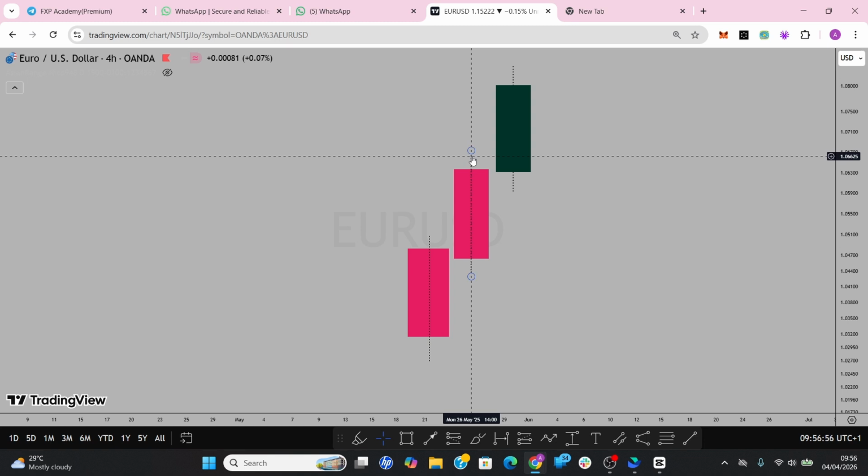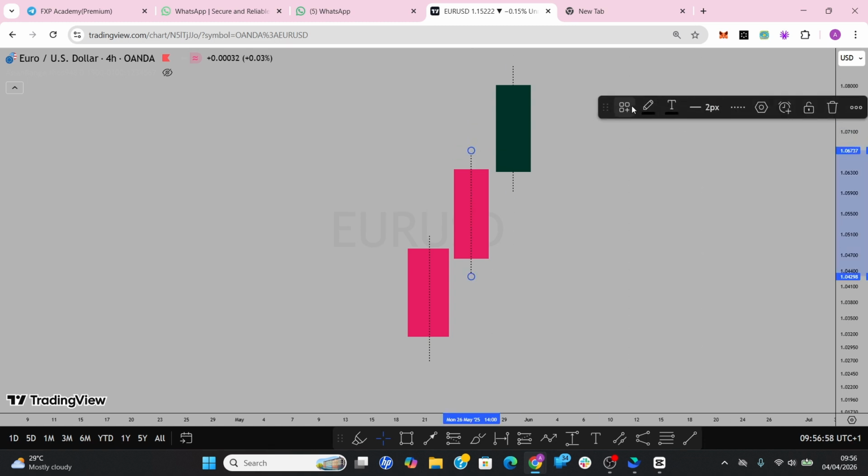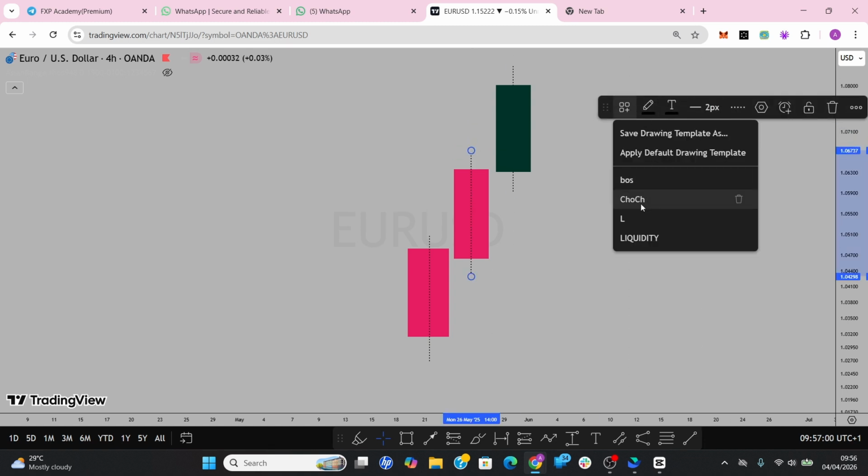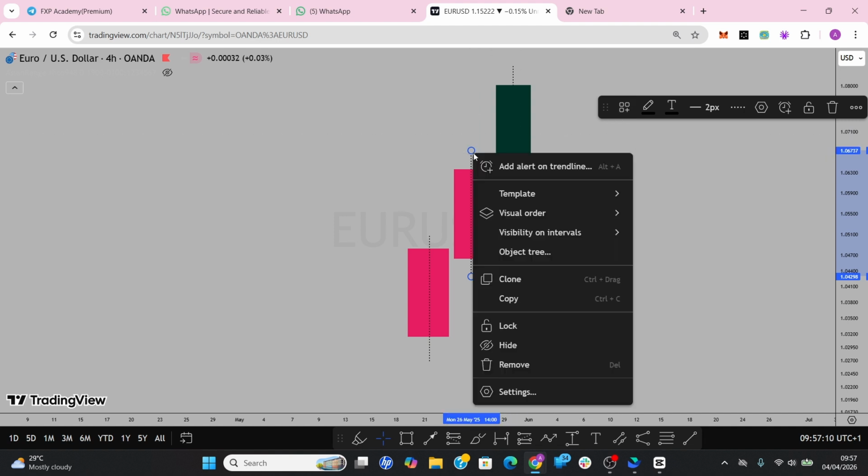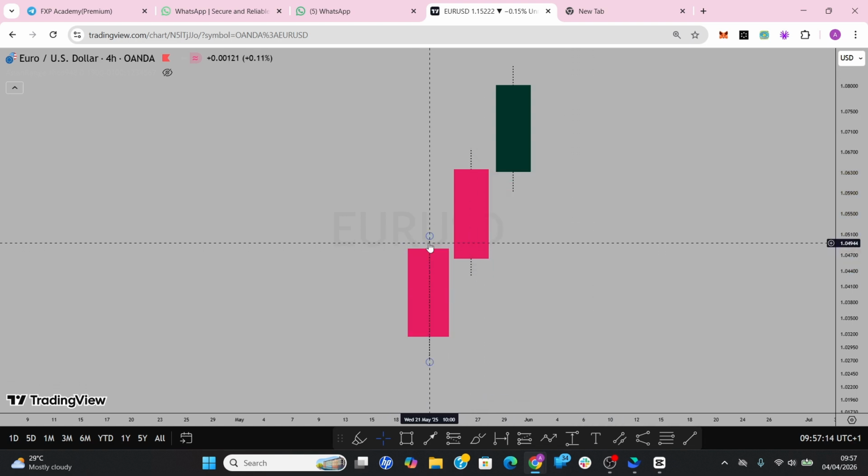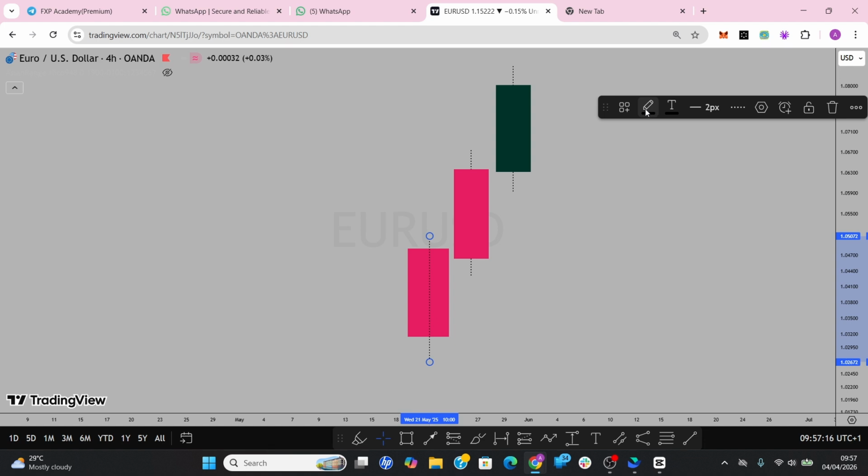It is just the gap between the first candle and the third candle. The gap between their wicks. You understand? Their wicks don't overlap. So that essentially gives us a fair value gap, right? That is how a fair value gap is represented here on our chart.